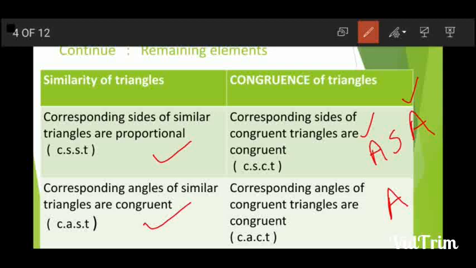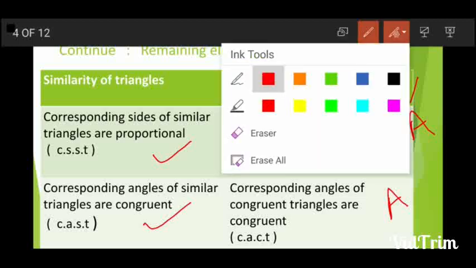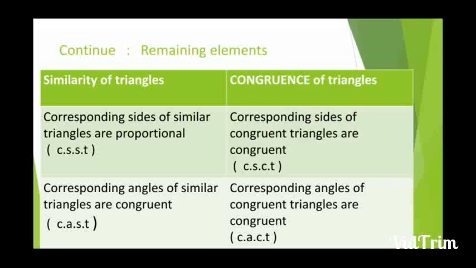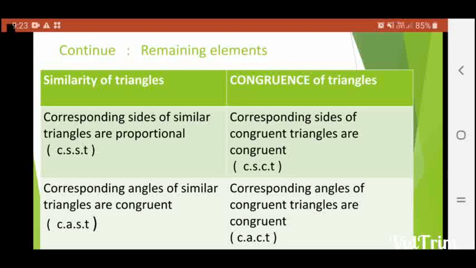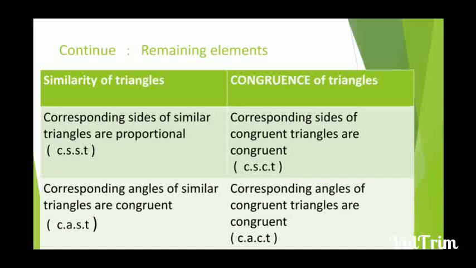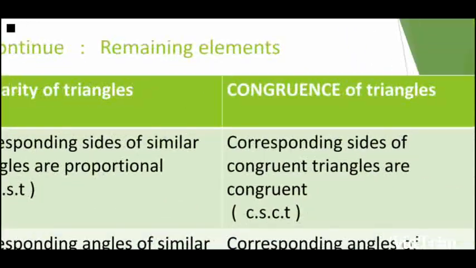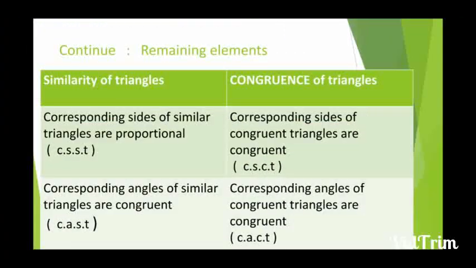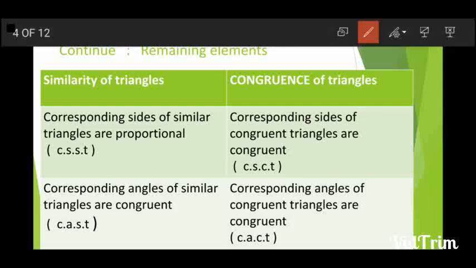In the same way for congruence of triangles. For example, if both triangles are congruent by the SAS test, then two sides are already given as congruent.